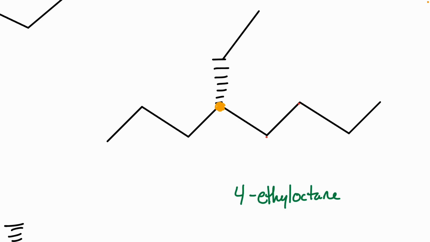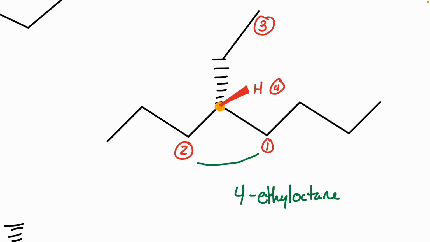The butyl is going to be 1, the propyl 2, the ethyl 3, and now my lowest priority group, this hydrogen, is pointed the wrong way, right? It's pointed out at us, but it's pointed exactly the wrong way, so we can just reverse our rules.